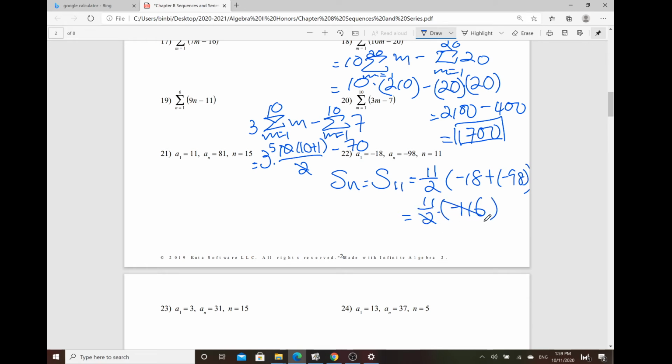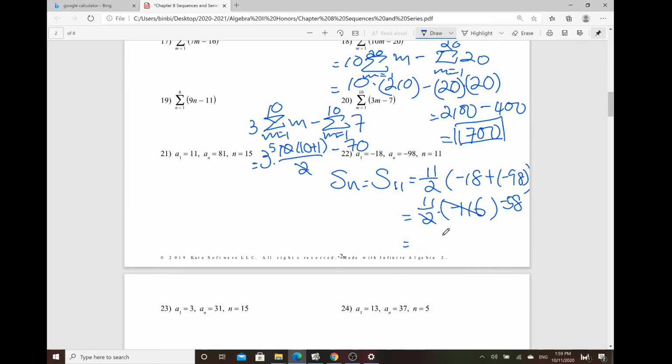Cross cancel: negative 116 divided by 2 is negative 58. So negative 58 times 11.